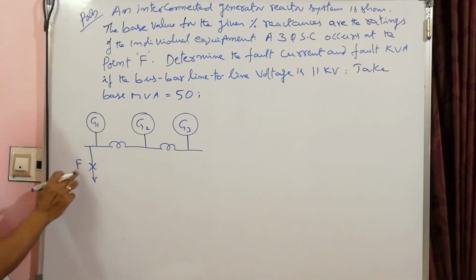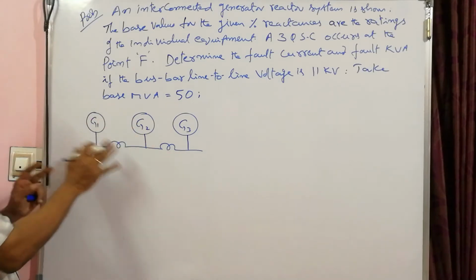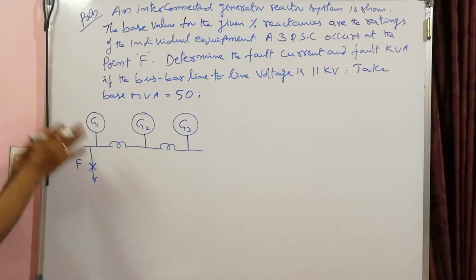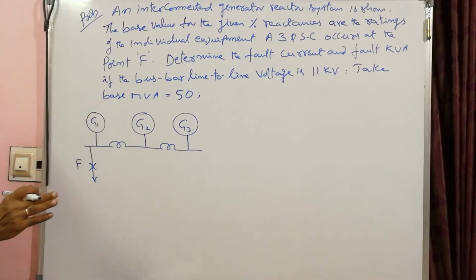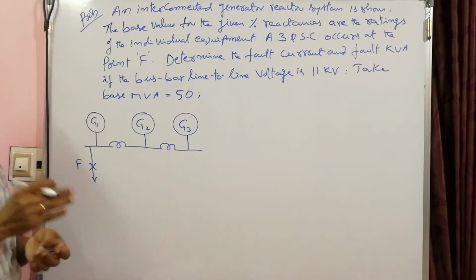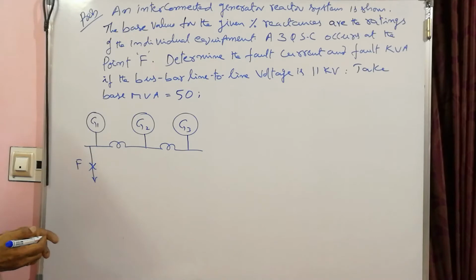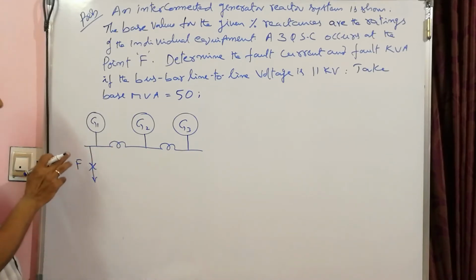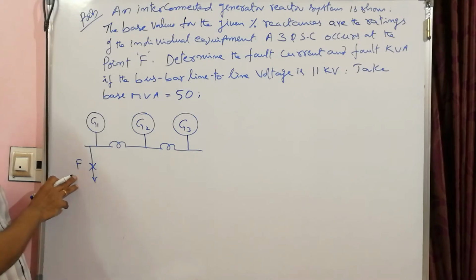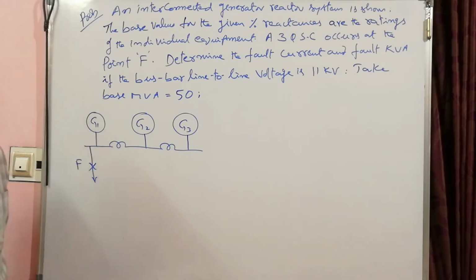Even though we call it a fault, it is a 3-phase short circuit. So, we are showing only one out of the 3 phases. Each phase has 3 alternators with these reactors. You must assume 3 such identical circuits. We will be considering one of them. And here when we show the fault, it is a 3-phase fault. And then the values are all given.